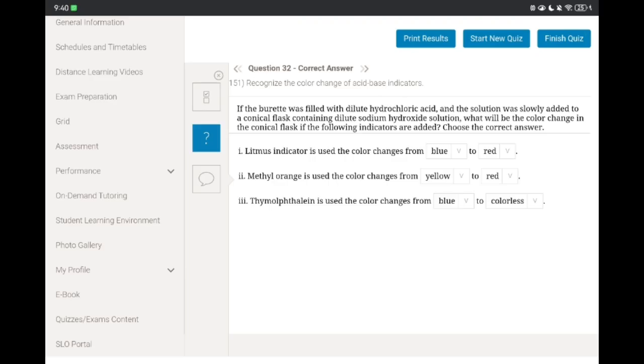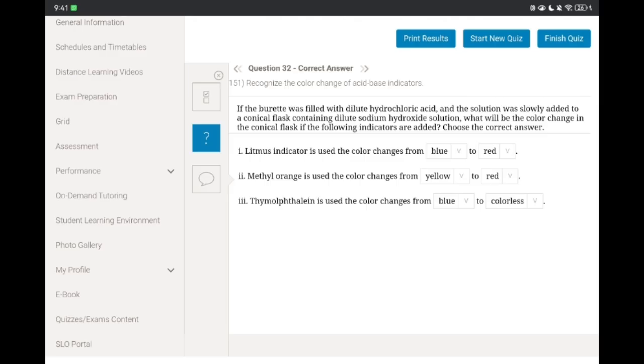If the burette was filled with dilute hydrochloric acid and the solution was slowly added to a conical flask containing dilute sodium hydroxide, what will the color change in the conical flask show? Okay, so you have a burette. This time they're flipped. Instead of the base being in the burette and the acid being in the beaker, they flip them. So you have an acid in the burette and the base in the beaker.